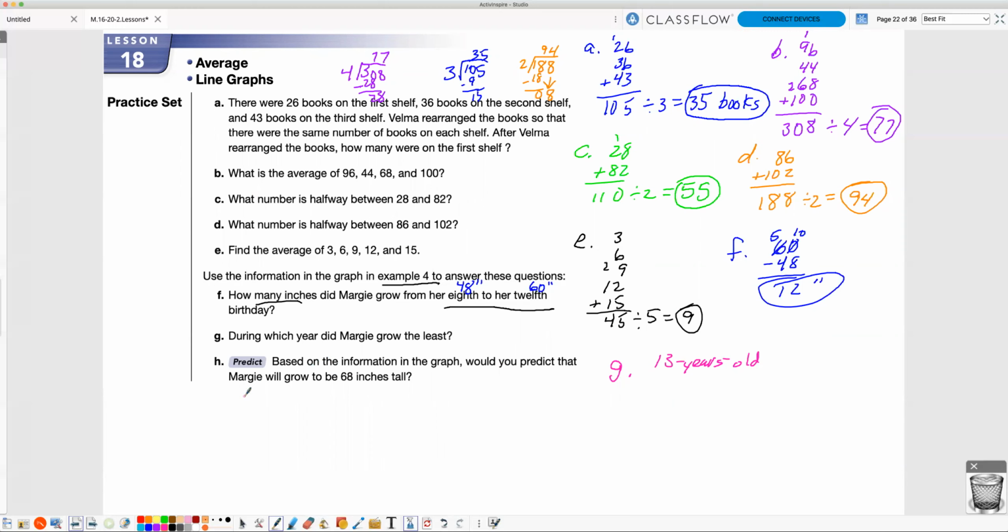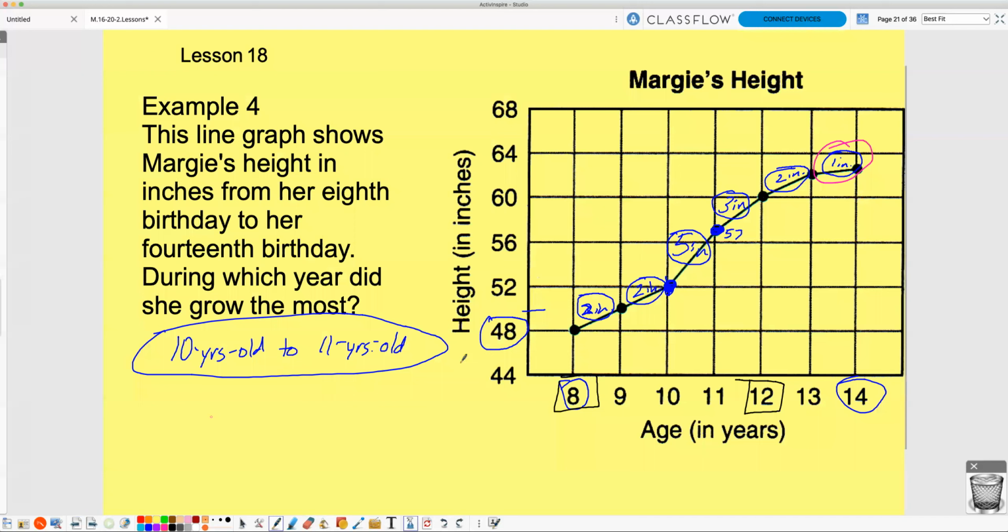And then letter H. Based on the information in the graph, would you predict that Margie will grow to be 68 inches tall? So looking back at the graph, here she is 65 inches tall, and she's 14. Is she going to grow another, I guess, from 65, another 3 inches?